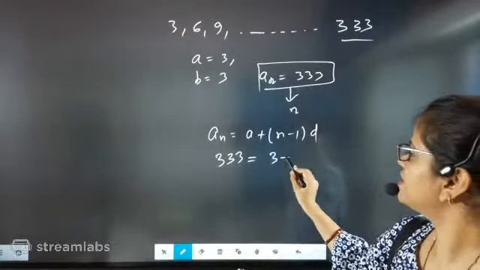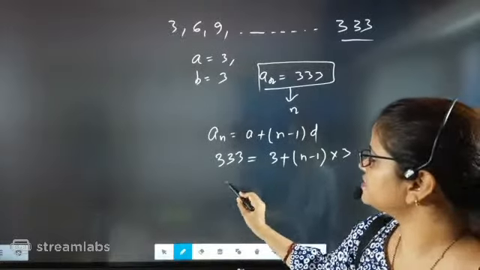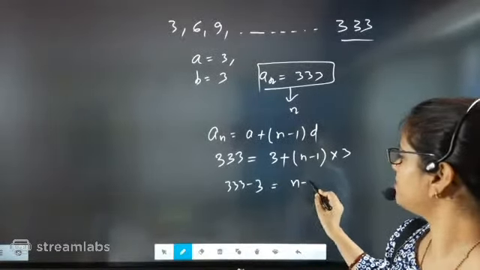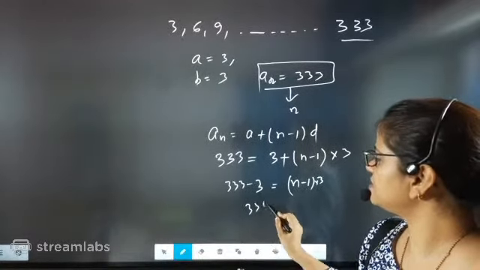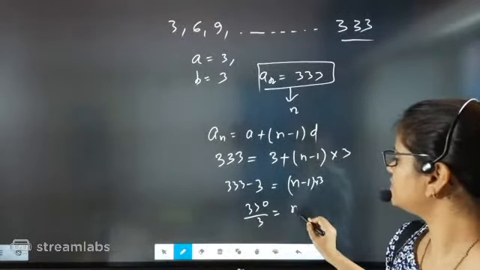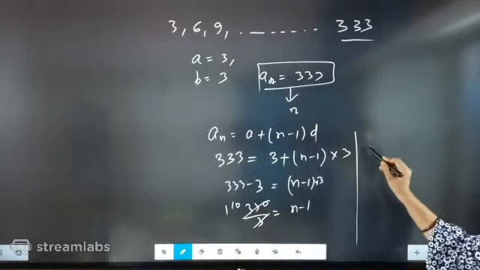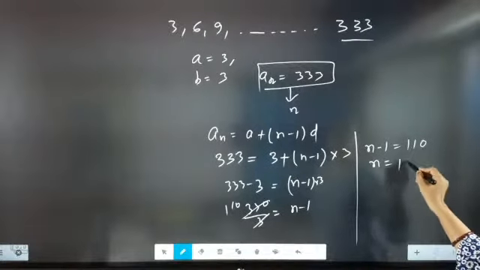A is 3, n minus 1 into 3. First this 3 will shift this side beta. 333 minus 3 equals n minus 1 into 3. So now 330 by 3 is equal to n minus 1. So it is coming 110. So n minus 1 is 110, and n is equal to 111.